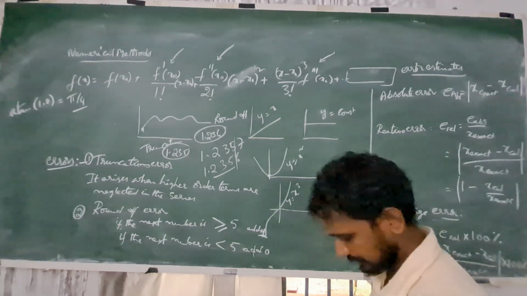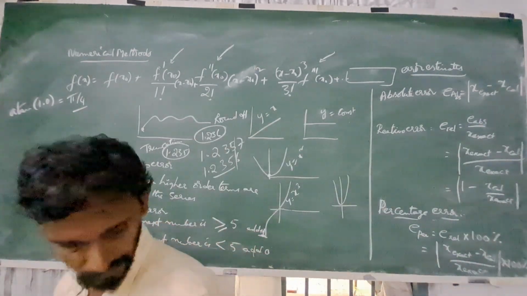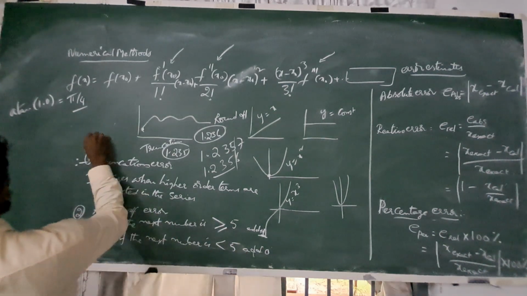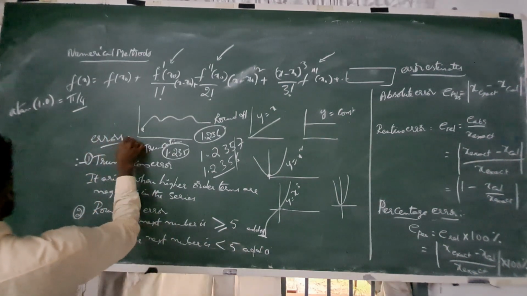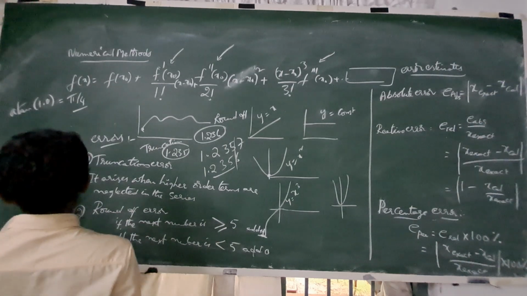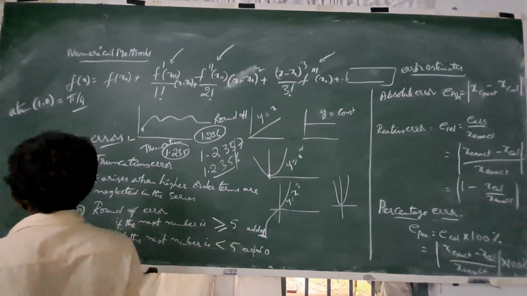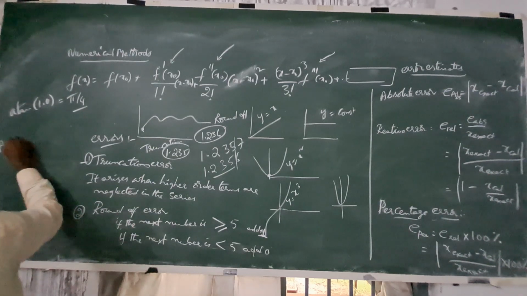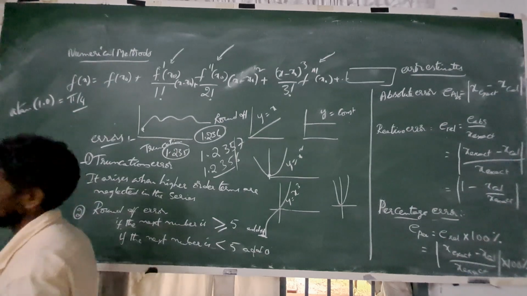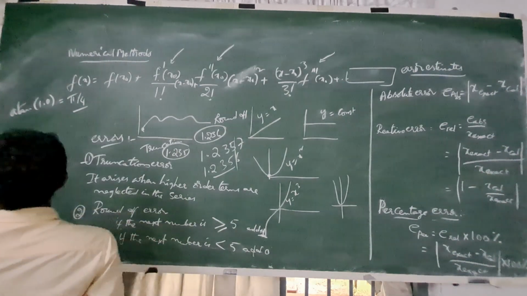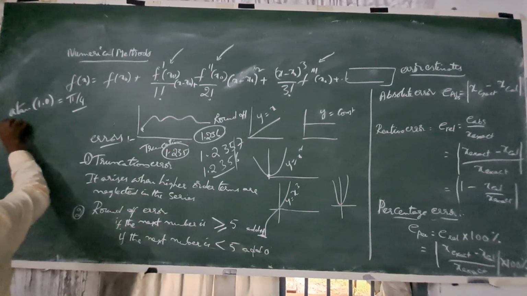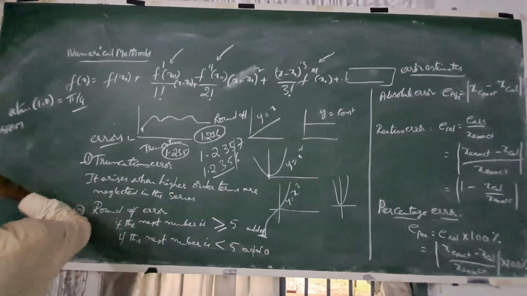So how to write that? I'll be starting with pi exact. I'm defining a variable pi exact. Program name: errors.